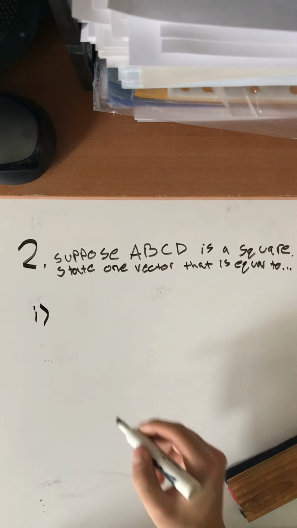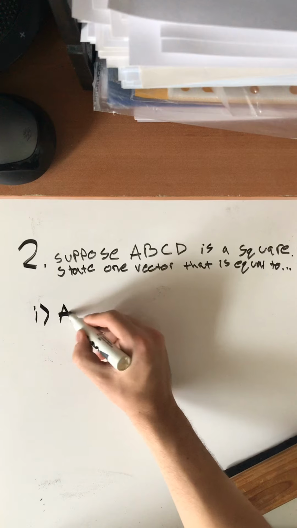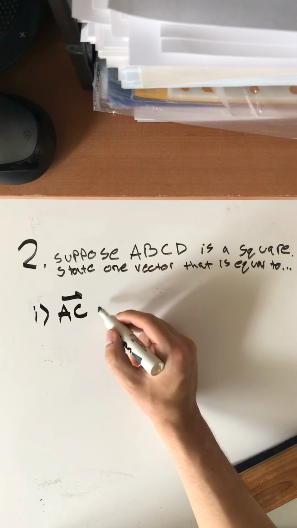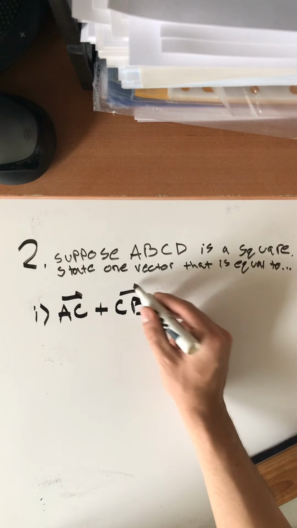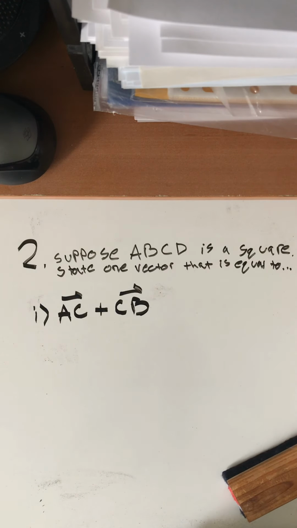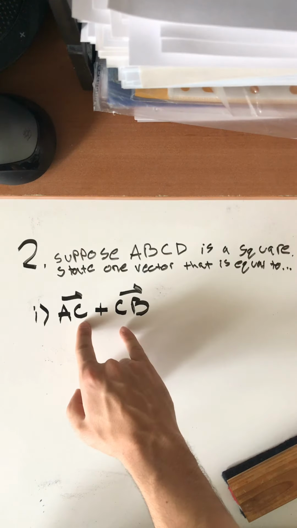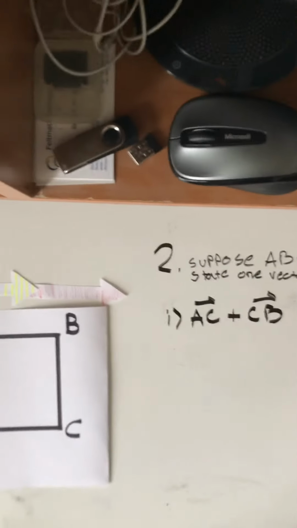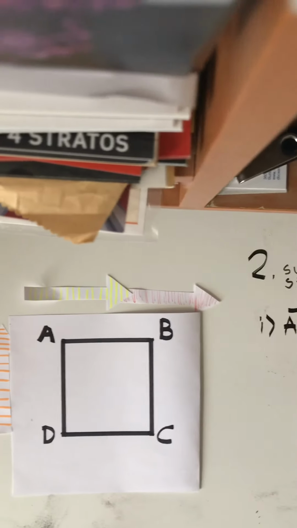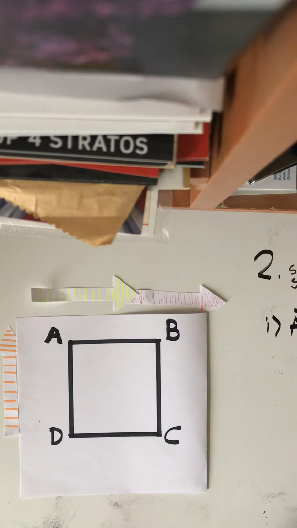Let's call our first equation I. So vector AC plus vector CB. At first glance, we can see that there are two common terms, C and C. While we look at our visual representation, we can actually see what is happening to these vectors.